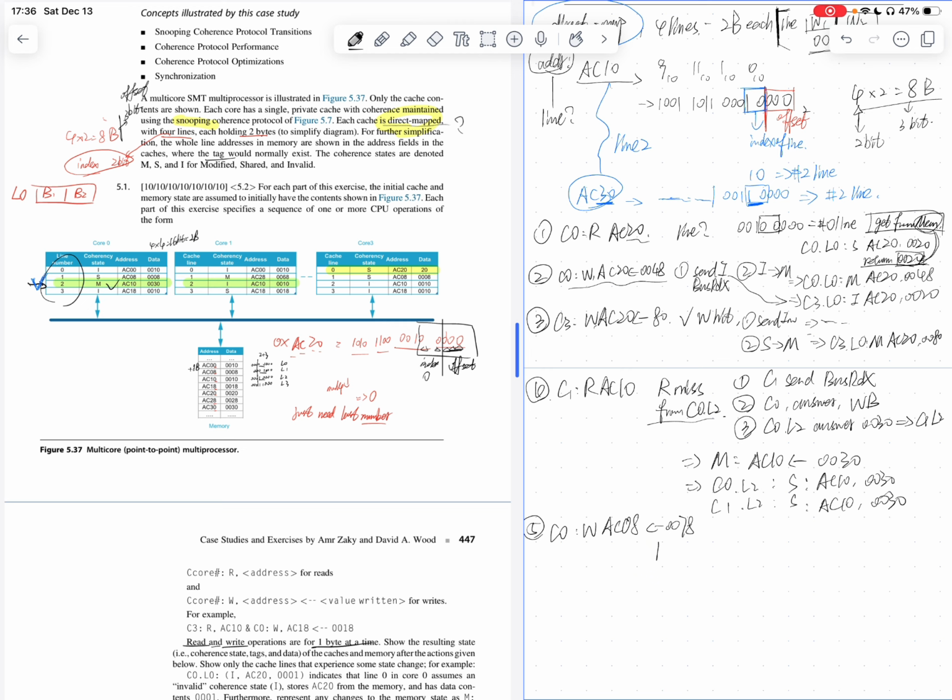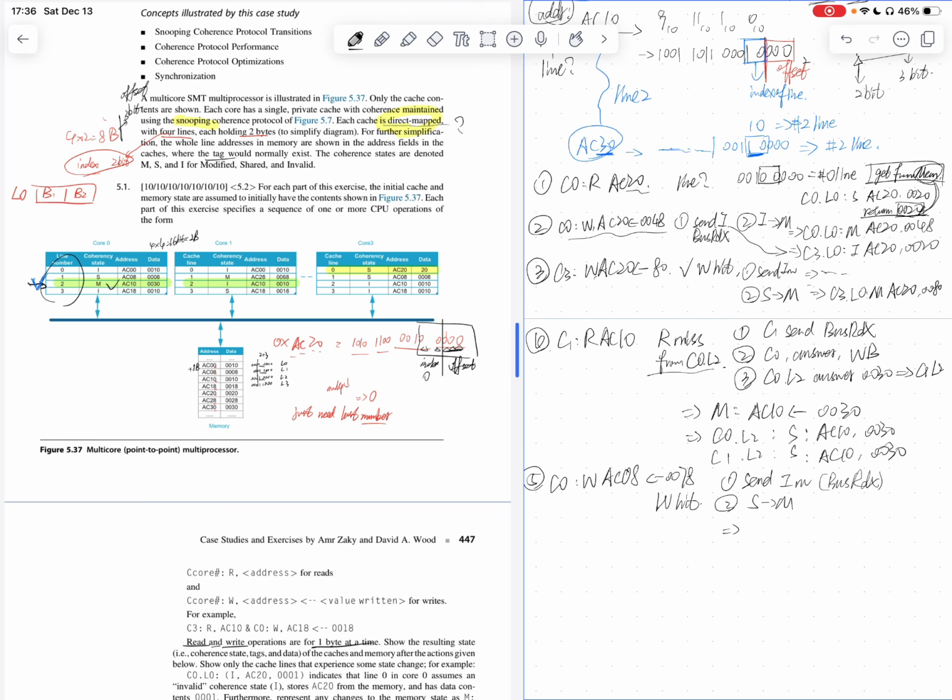So it's a write hit. So firstly, send invalid, or you can say it's a bus upgrade, and then I will change myself from S to M. So for the first stage, did any others have AC08? Yes, we have, C3, right?